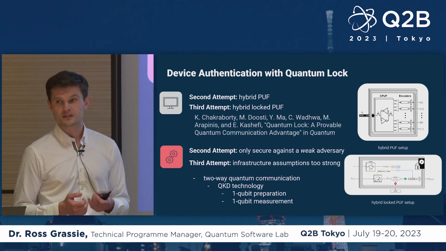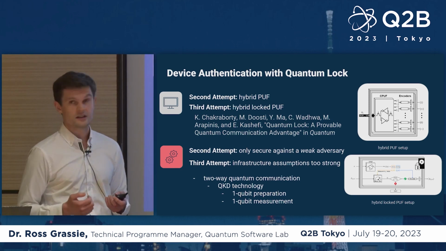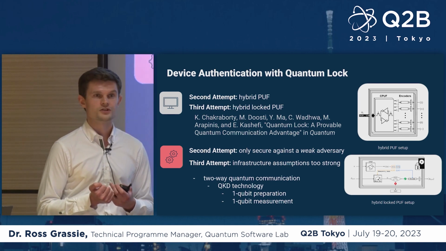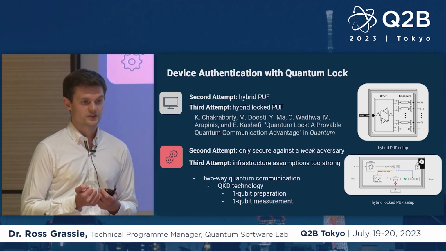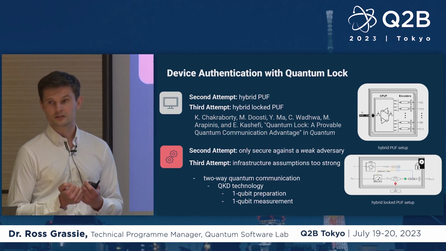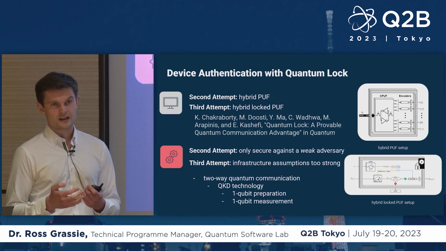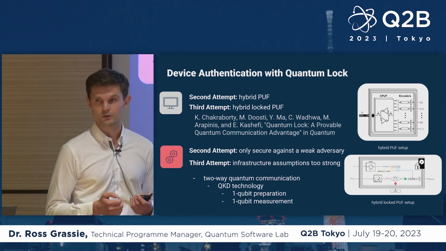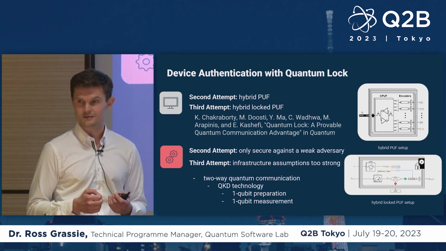And on our third attempt, we combined the hybrid PUF with the classical state-of-the-art, which is called the lockdown technique, to create the hybrid locked PUF. Now, this is strong against any quantum adversary, and it has the improved infrastructure requirements of our second attempt.